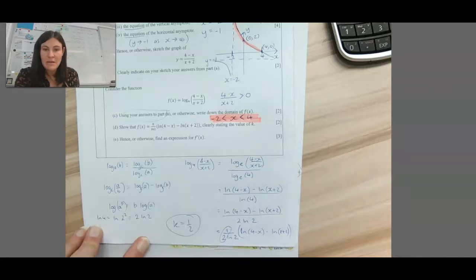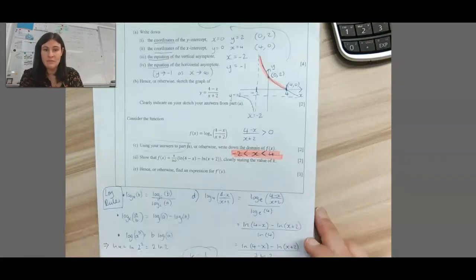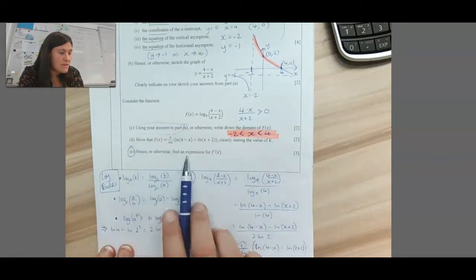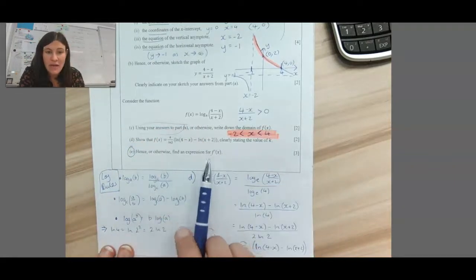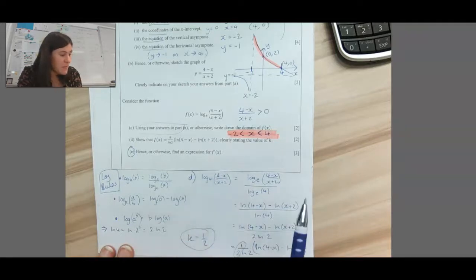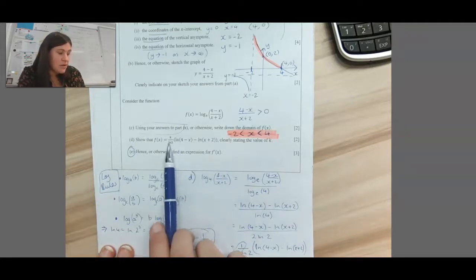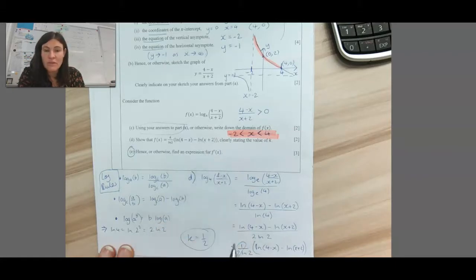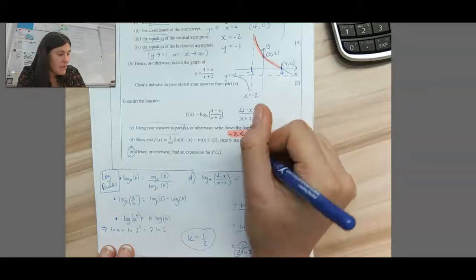Okay, that one's done. And for the last part, we've got: hence or otherwise find an expression for f dashed of x. So we're differentiating. I've got a function that's got a constant here, and then it's ln and ln. So what are my rules for differentiating ln?